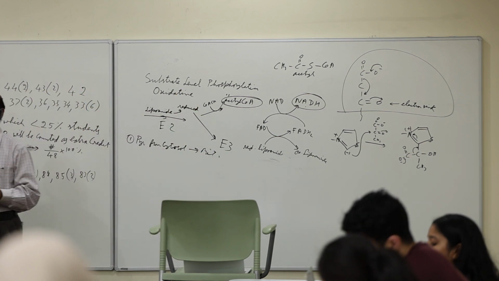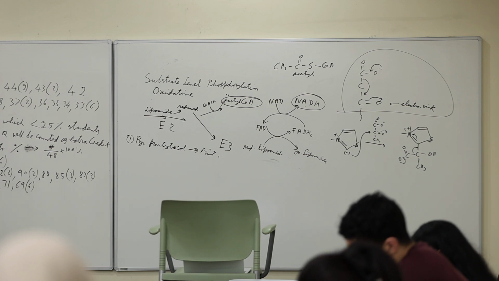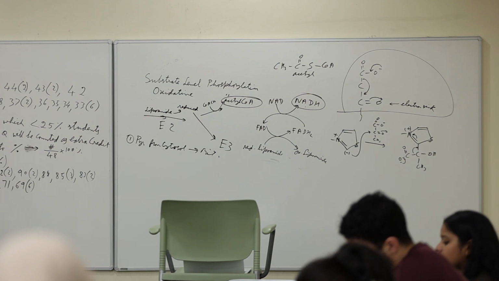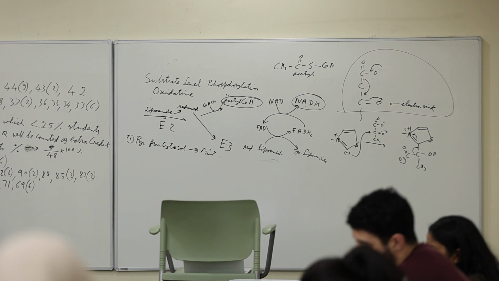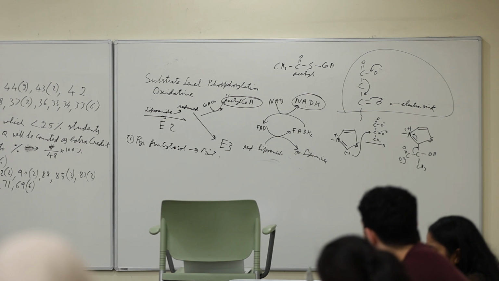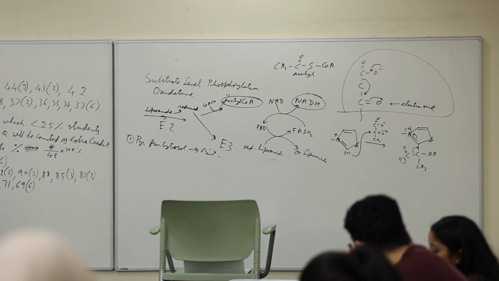So I mentioned that last class, it has to be transferred from the cytosol to the mitochondria because this is an aerobic reaction. And that transfer is another process which we are not going to talk about now. We will talk about that in the chapter on lipids because you always need some mechanism to transport things through the membrane. They just don't go in and out at random. So pyruvate has to be transported into the mitochondria.